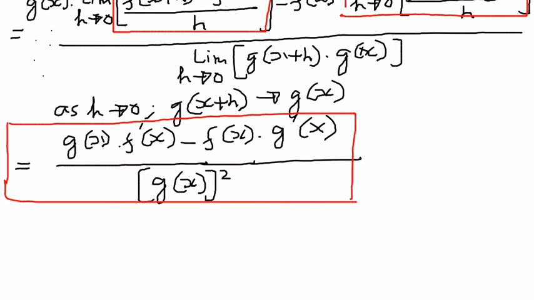If we look at this, we have the second function, the derivative of the first function, minus the first function, the derivative of the second function, divided by the denominator function raised to the power of 2, the second function raised to the power of 2. So that is how we want to be able to show the proof of the quotient rule. In my next presentation, we shall see examples using the quotient rule.